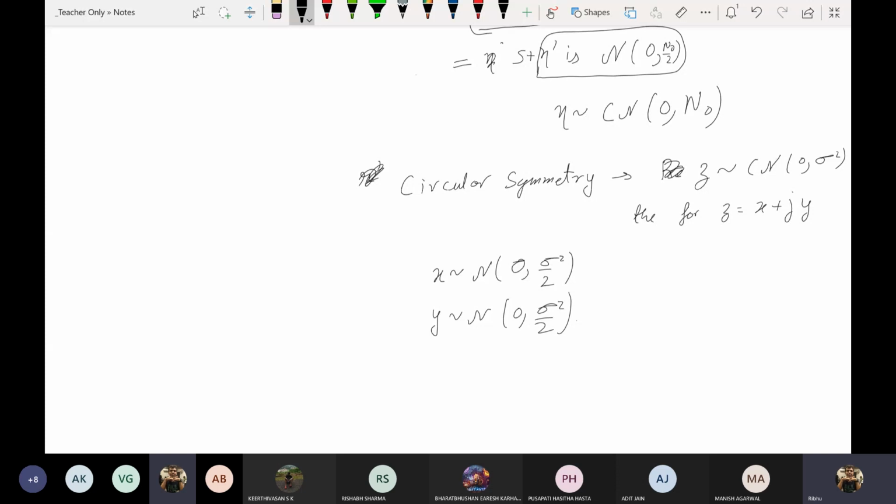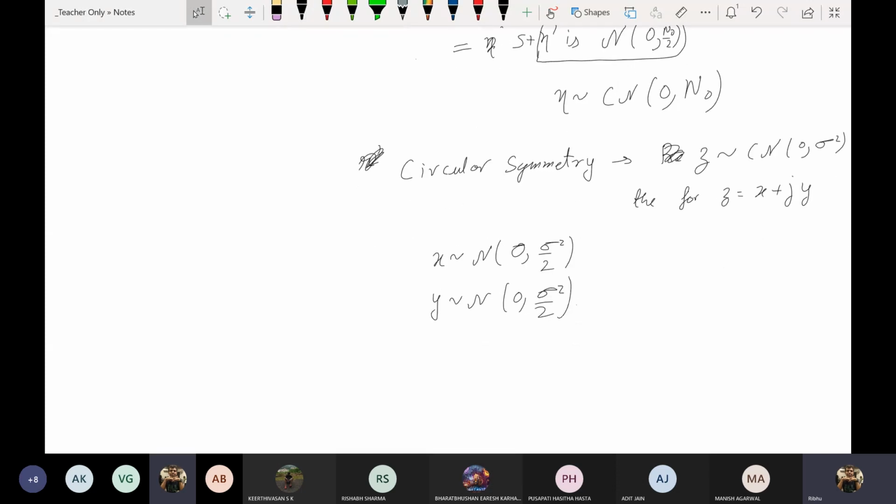Because of this, if we consider R prime as the real part of R, we can write S plus the real part of eta.